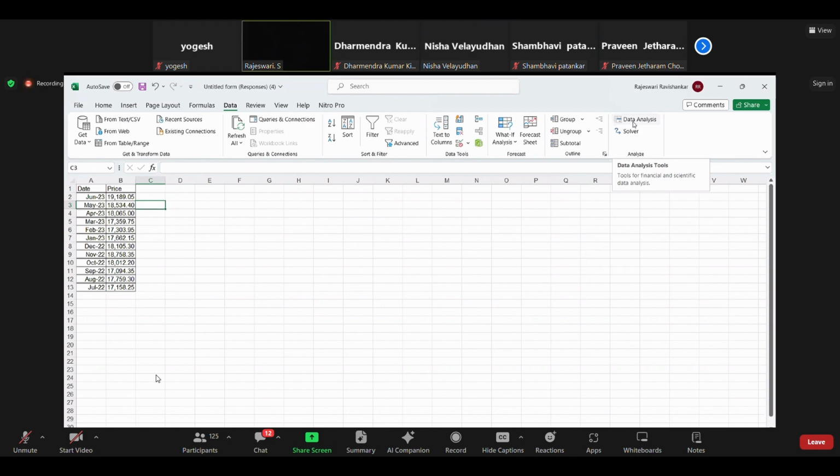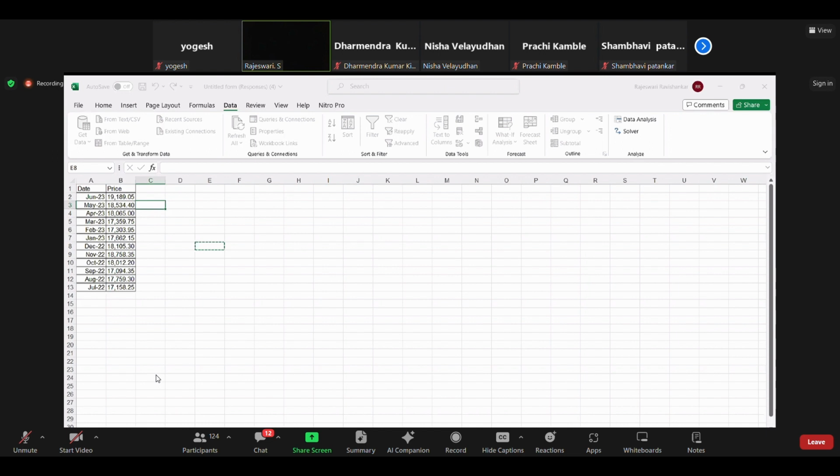Okay, fine. Now for doing descriptive analysis, I have to go to data analysis, descriptive statistics. I have to click OK. Now I need to put the input range. I want to calculate for this. Grouping and labeling of the first column are all optional. Where I want the output, I don't want to go for a new sheet.